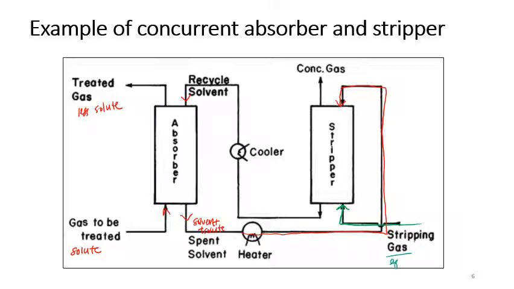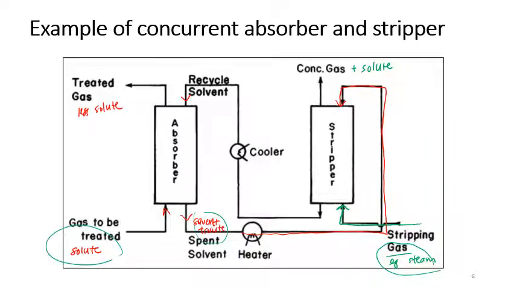Let's say, for example, hot steam, so that when the steam heats up the solvent with solute, maybe the solute is volatile and it will escape from the liquid phase and be together with the stripping gas. So the gas here contains the solute that was originally in the gas to be treated.